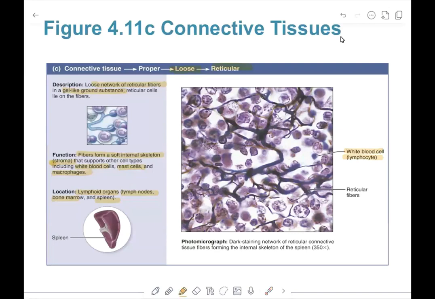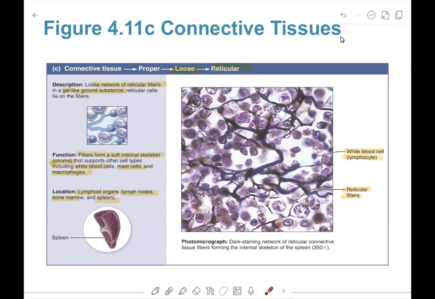But the reticular fibers, they almost look like tree branches, and they all go in different directions, and they form this sort of soft internal skeleton called a stroma, where white blood cells and other immune cells can sort of hang out so that they can attack foreign invaders as part of the immune system.